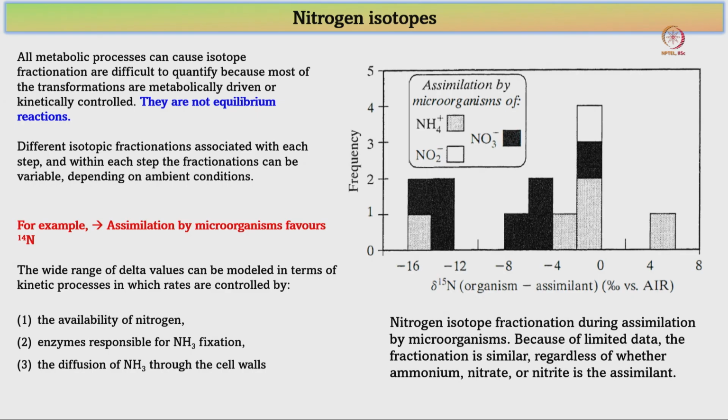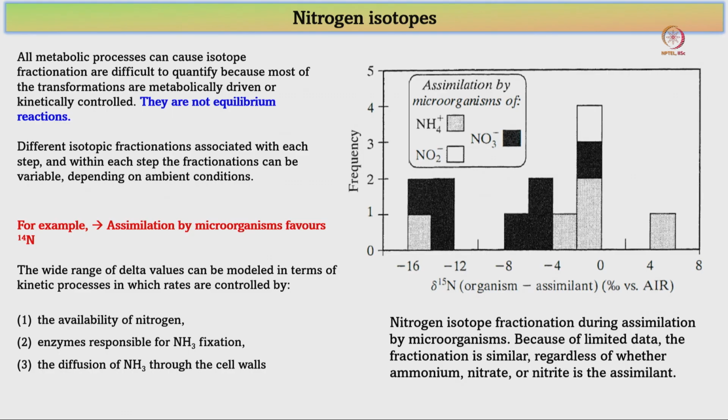And the fractionations vary at each step. It is so variable. It depends on the ambient conditions. That means, where is the nutrient coming from, what kind of bacteria is there.